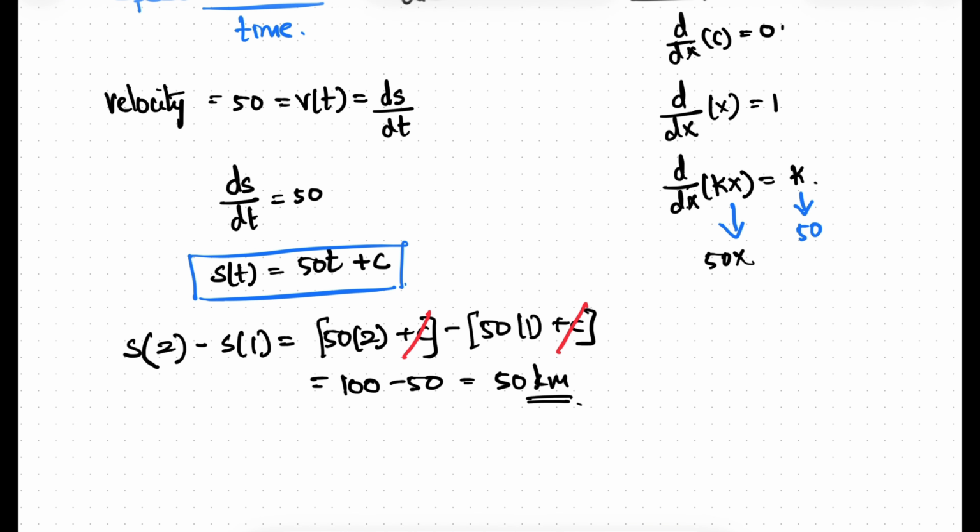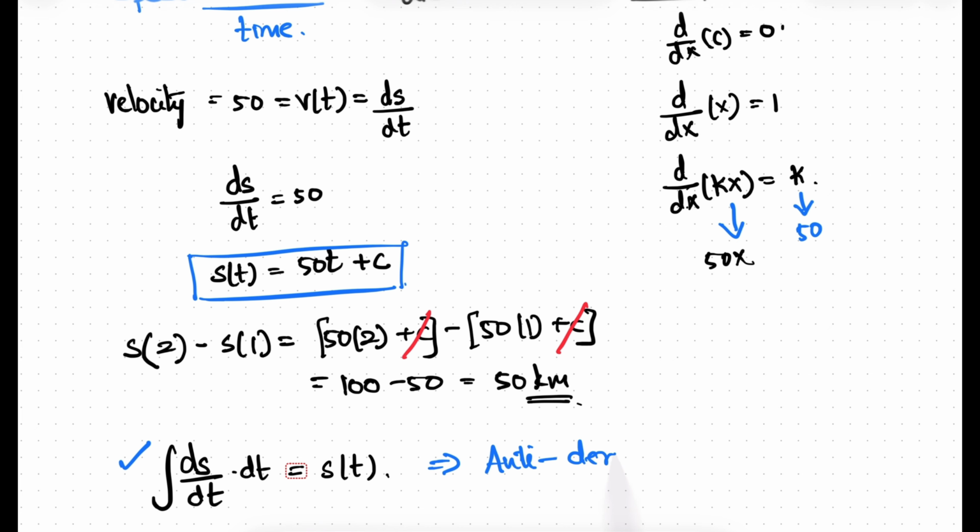So we have typically found the integration of the first derivative of the displacement function with respect to t in order to get s(t). All right, so this is your integration. Integration is simply finding the antiderivative of your function, right?